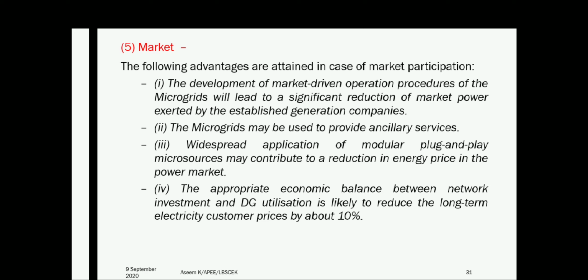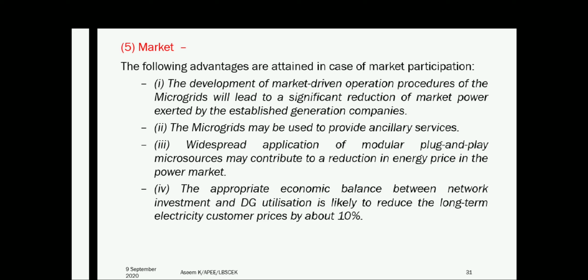But in case of microgrids, as local generation increases, they can also produce their own power. They can produce surplus power and export it into the main grid, so that will definitely reduce the actual energy cost that is provided by other power generation companies.